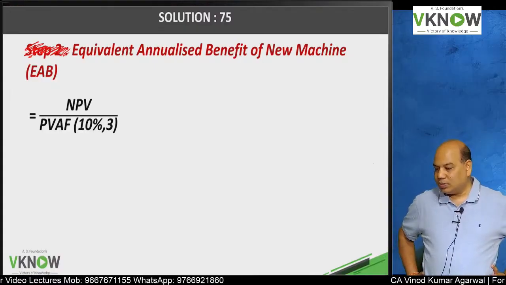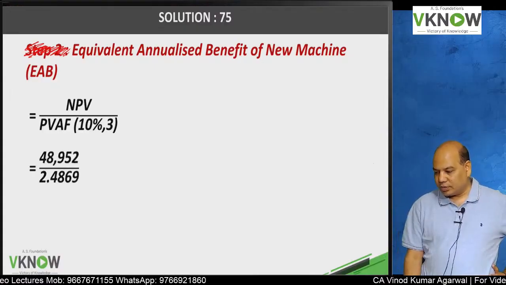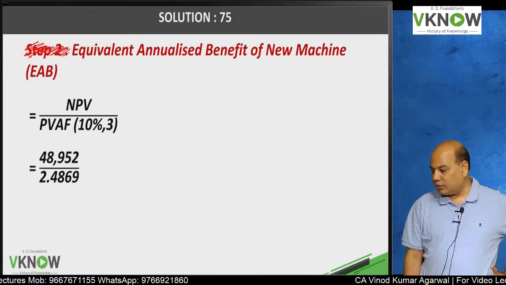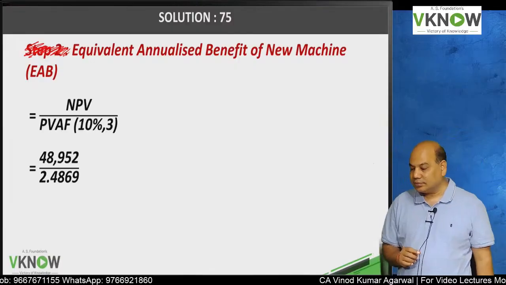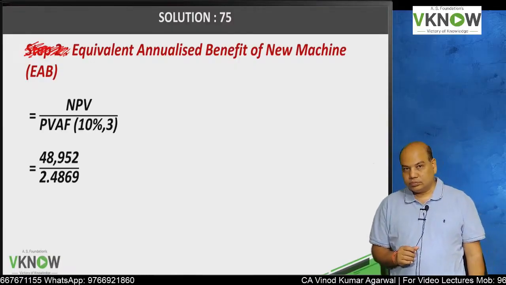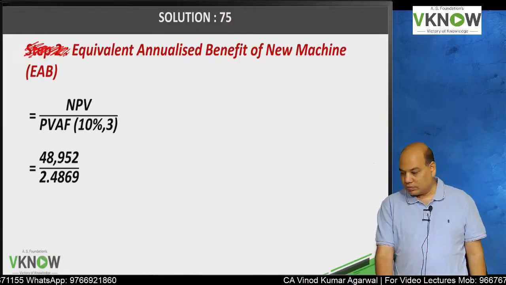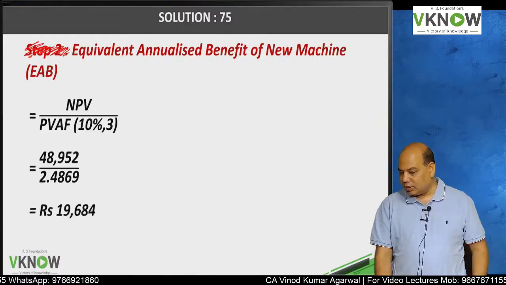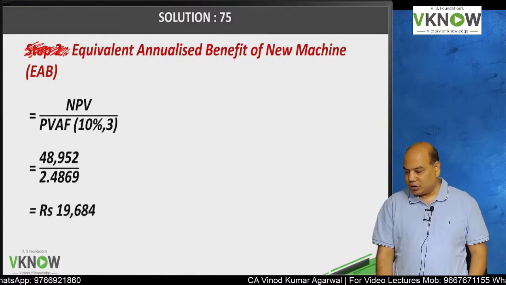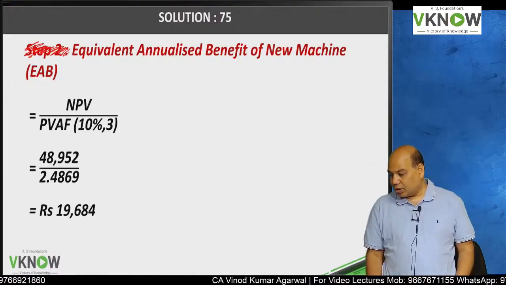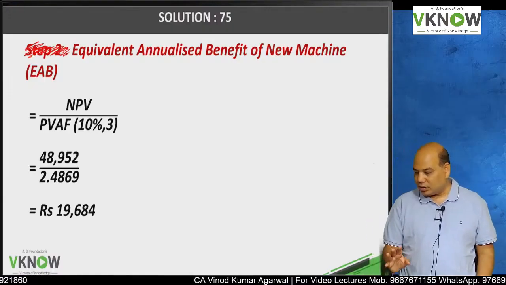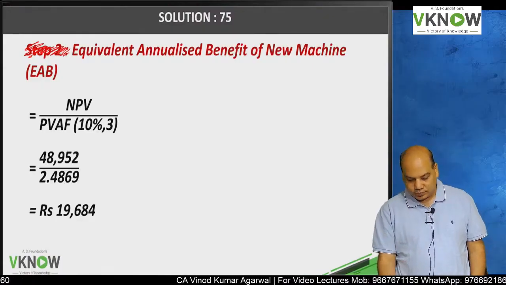What is the EAB of the new machine? 48952 divided by 2.4869. The answer is 19,684. Please check. Approximately it is right. 19,683 is also okay.